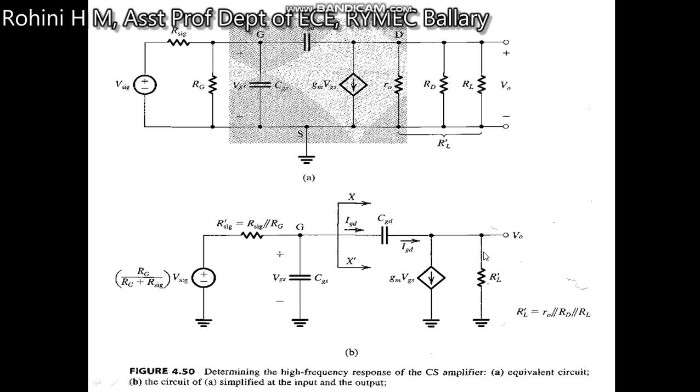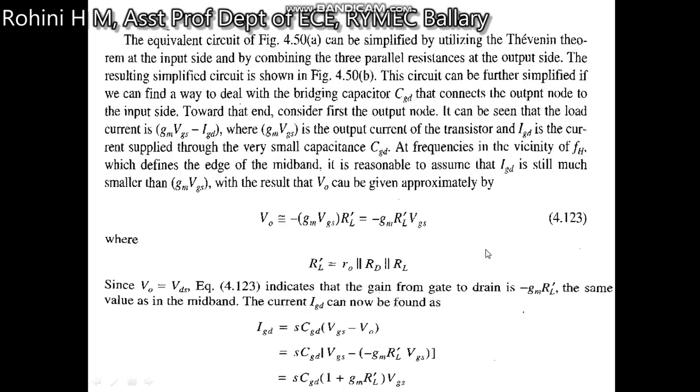So here comes the load terminal, and the load current will flow here. That load current is given as GM_VGS minus IGD.